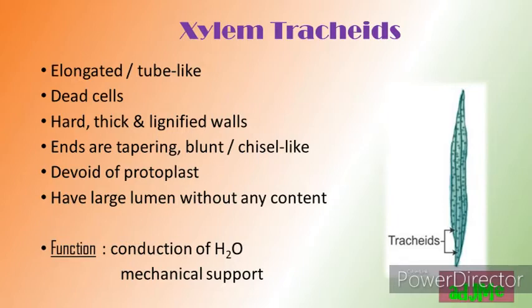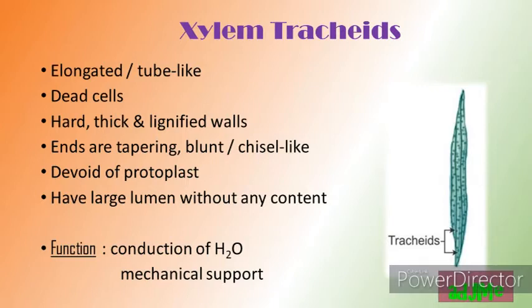Just now I said they lack protoplasm, so no cytoplasm, no nucleus. That is the meaning of the last point: they have a large lumen but no content. The main function of xylem tracheids is that they conduct water and also give mechanical support.